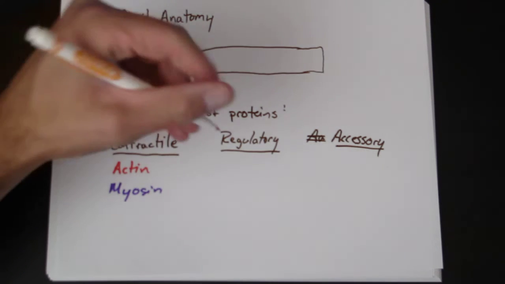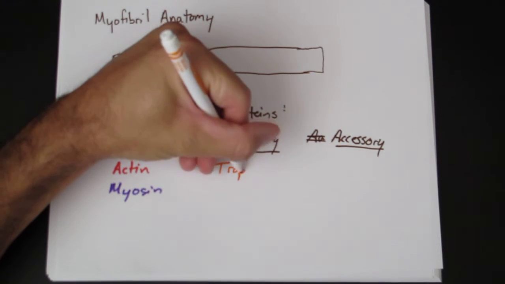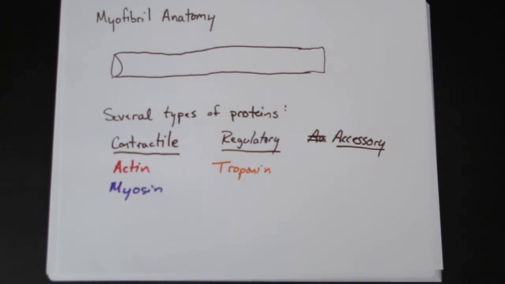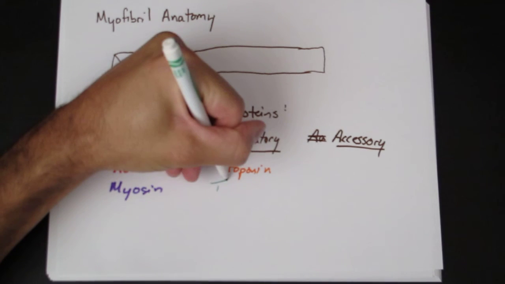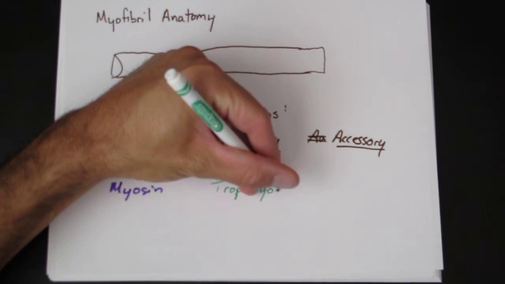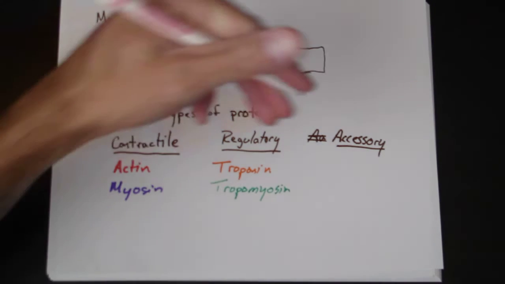Our regulatory proteins are going to be troponin and another one with a similar name called tropomyosin. And then we have some accessory proteins as well. We're going to talk about them when we get to them, but these have two of the coolest names, I think, in the protein world.